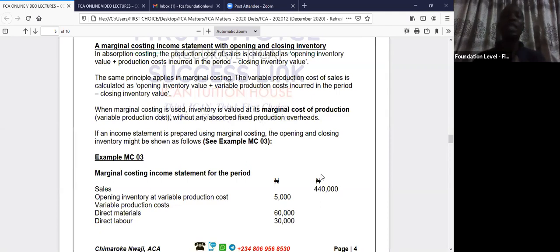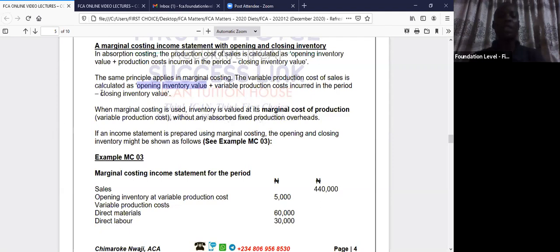Now, the only difference between absorption costing cost of sales and marginal costing cost of sales is that there is no fixed production cost. And because there is no fixed production cost, the opening inventory value will not be valued at full cost, but at marginal cost.